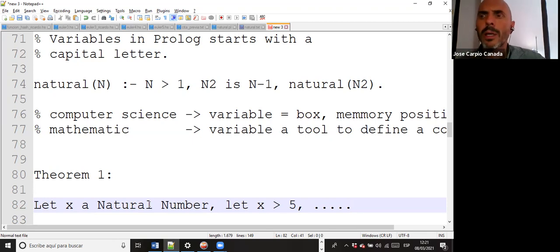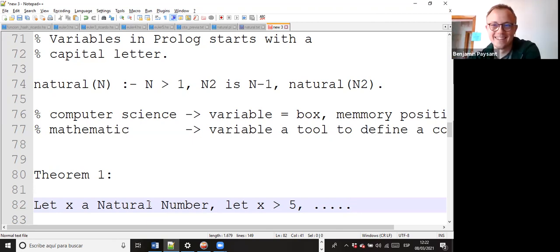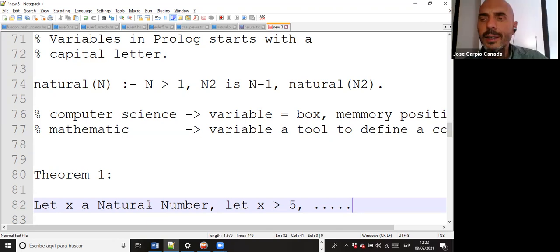Let's say, okay, Benjamin is a person, and Benjamin is, I don't know, 20, 21, 22 years old. 24. 24, very young person, 24 years old, and he's 2 meters tall. He has blue eyes.